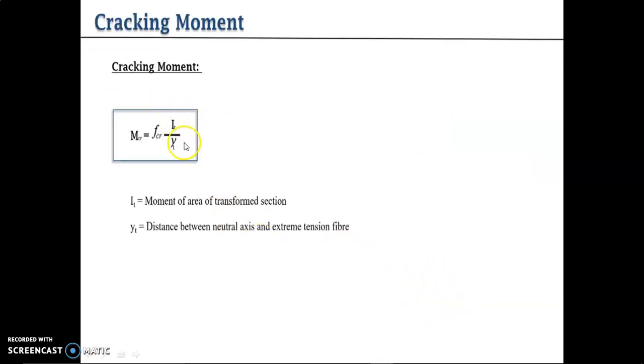So this cracking moment equation is obtained with the help of the bending equation. We know that f upon y is equal to M by I is equal to E by R. So from that equation, we get the cracking moment equation. Here Iт is the moment of inertia of the transformed section and yt is the distance between the neutral axis and the extreme tension fiber.